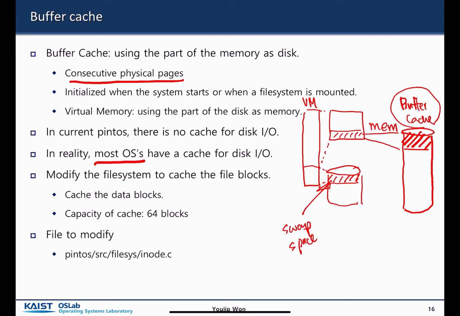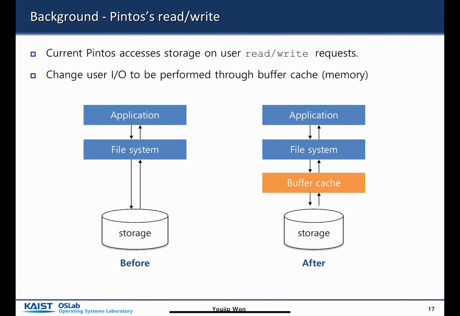In this project, you are going to allocate 64 file pages to be cached in the memory. Okay, this is how you are going to implement. Current Pintos accesses storage on every read-write request.